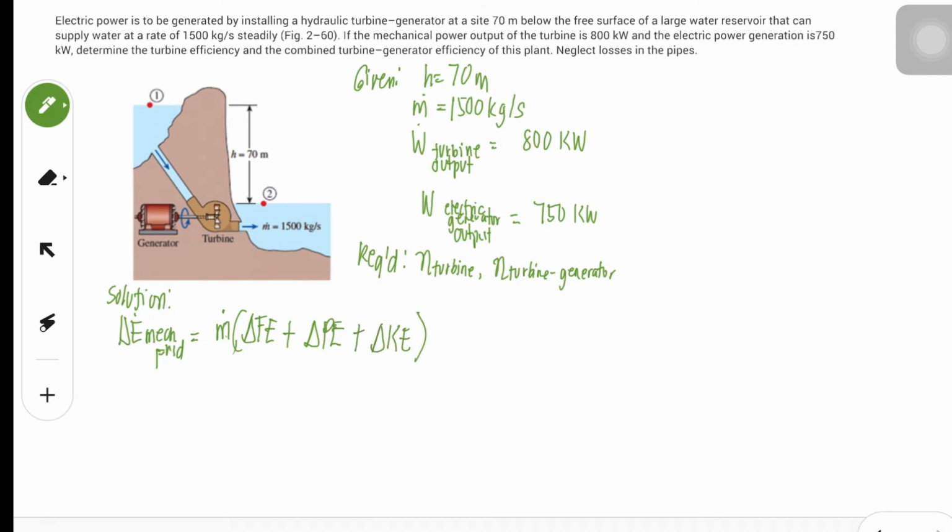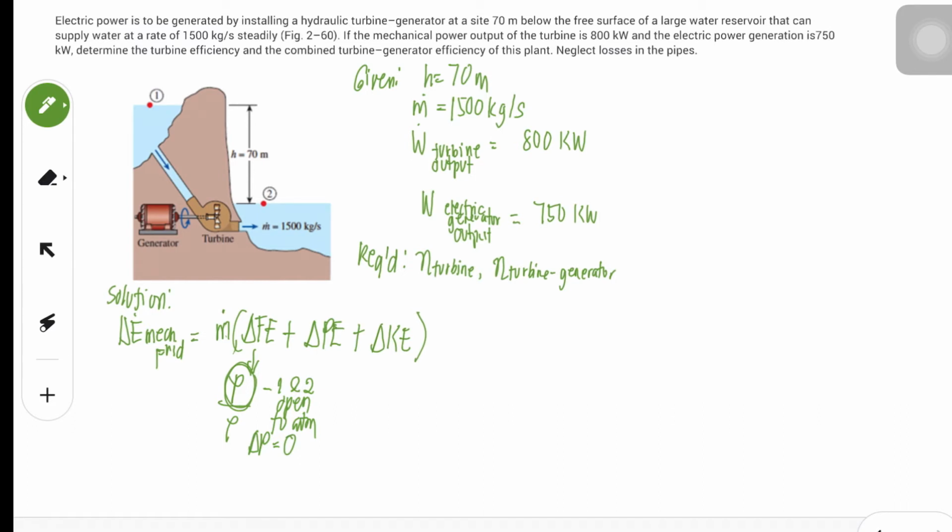Take note that the flow energy is equal to the pressure over the density. The pressure at point 1 and point 2 is open to atmosphere. Automatically, the change in pressure is zero.